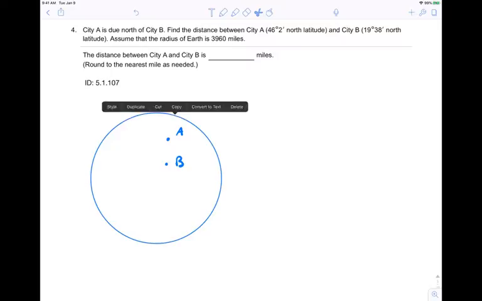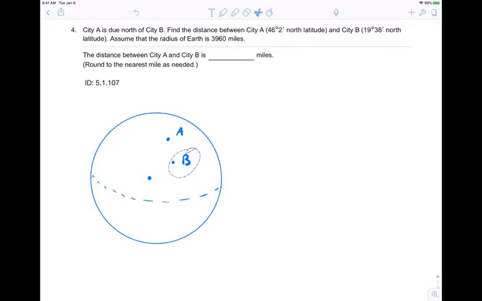If we consider the equator and the center of the globe, then looking at city A, we can consider the central angle.